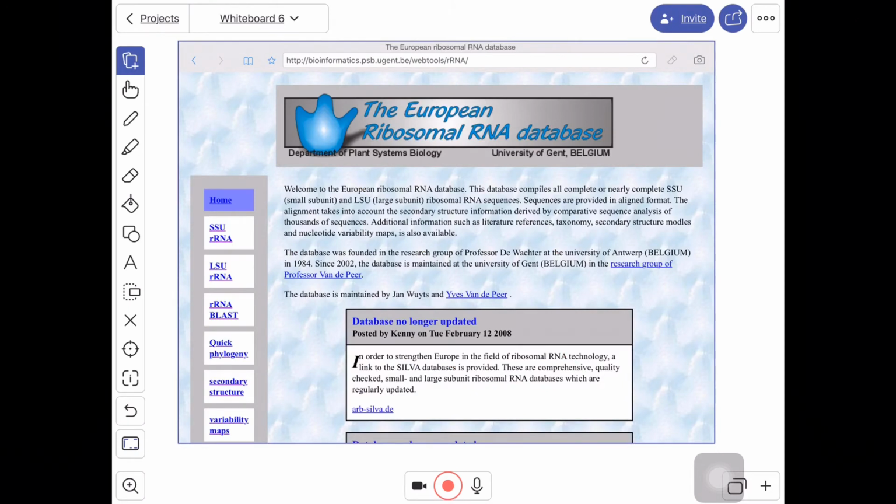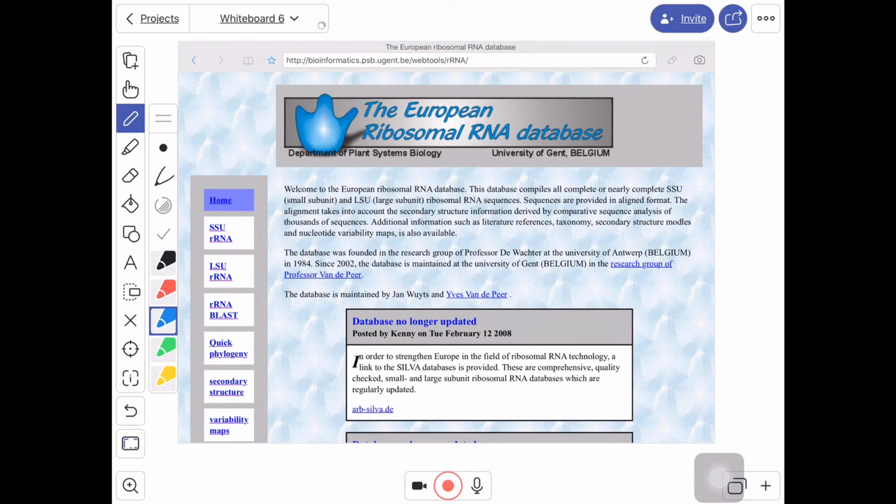Another is an information level database. This database provides us information exclusively about ribosomal RNAs, rRNAs. Okay, it says special database which is dealing with ribosomal RNA.